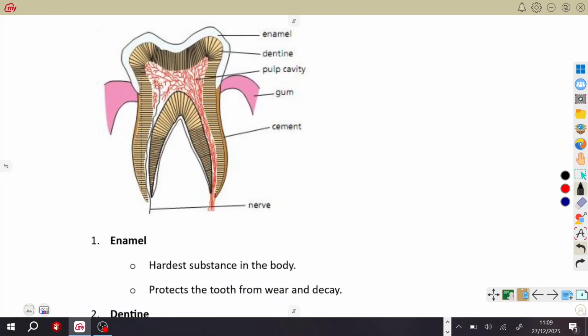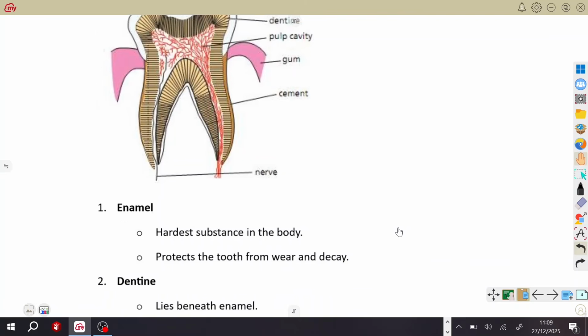It ensures that that does not happen. So that's why it is hard, to make sure that the teeth is protected from wear, and decay, also rotting. The teeth should not rot. All right, that's the function of the enamel, to protect the tooth from wear and decay.